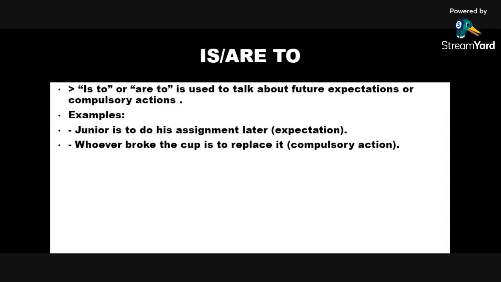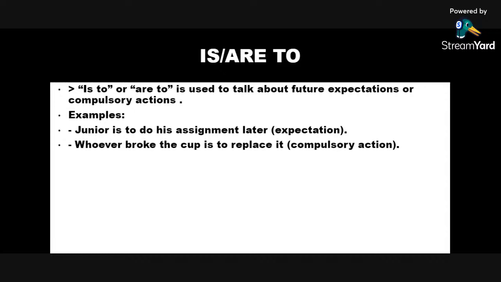Probably Junior is doing something else, or Junior is allowed to rest, but then he has to do his assignment. So Junior is to do his assignment later. That is an expectation. Now, it will be a compulsory action when you say whosoever broke the cup is to replace it.